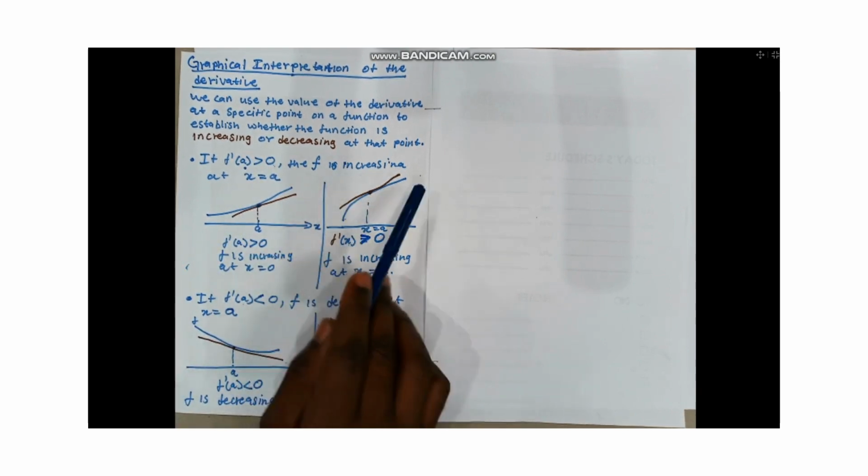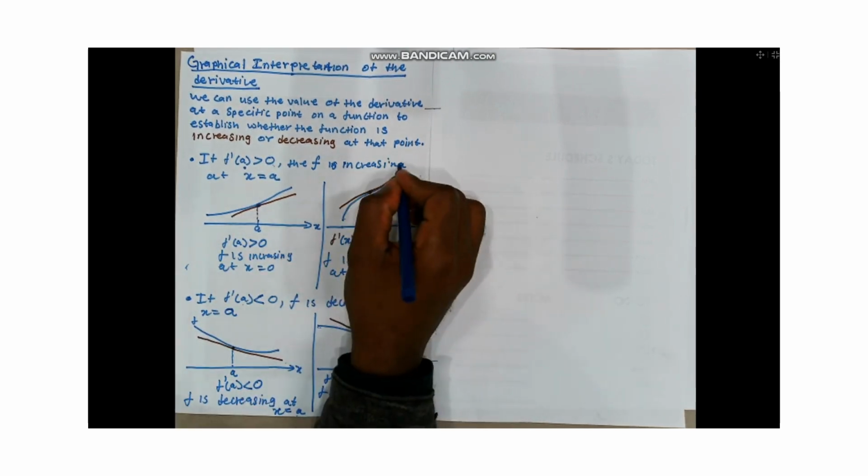If f prime of a is equal to the gradient, meaning your gradient at that particular point is greater than 0, meaning your function is increasing. If f prime of a is greater than 0, your function is increasing.